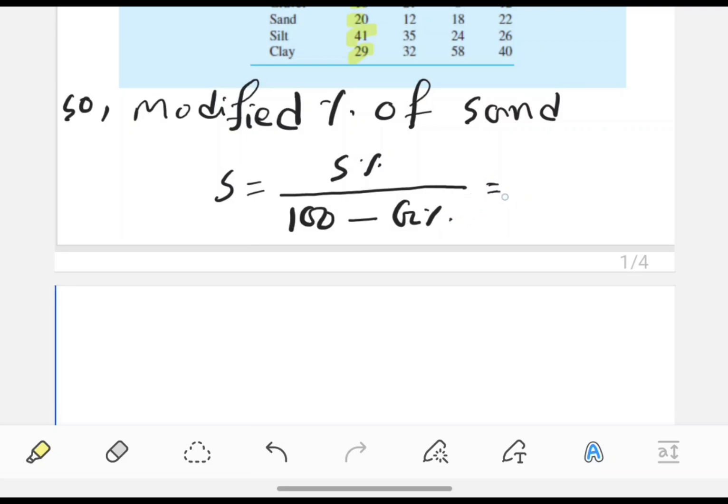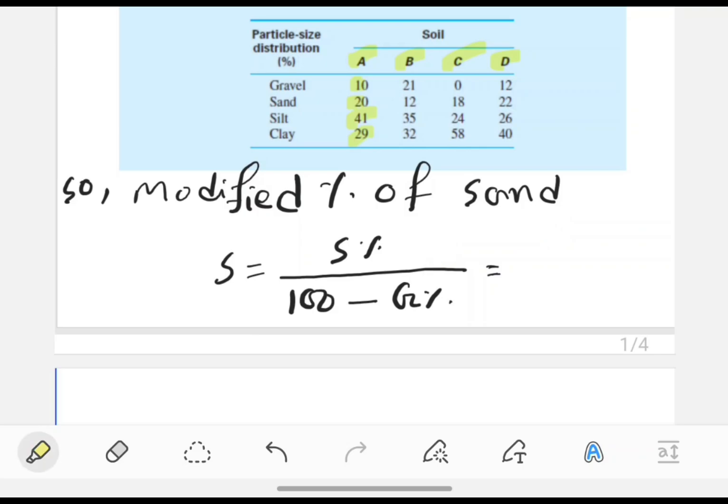So here we know sand percentage is 20% and gravel percentage is 10% into 100%.